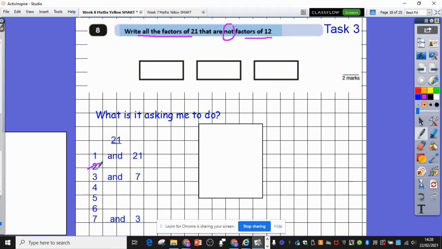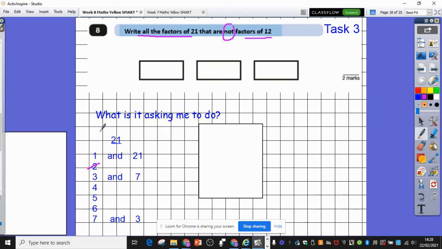No, 21 does not appear in the 2 times table. You can't times anything by 2 to get to 21. However, I know that 3 times something is 21.